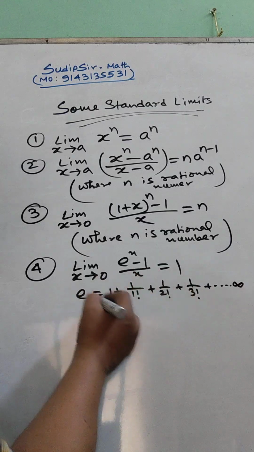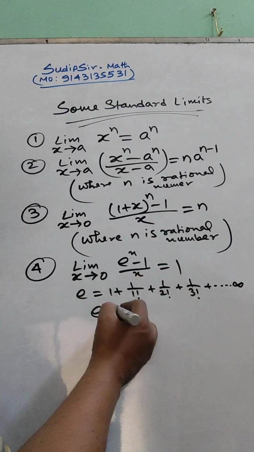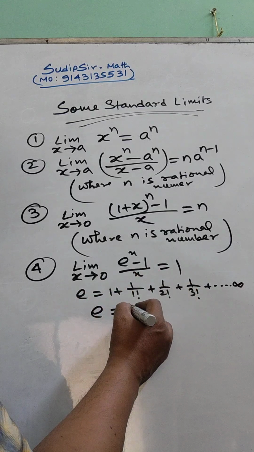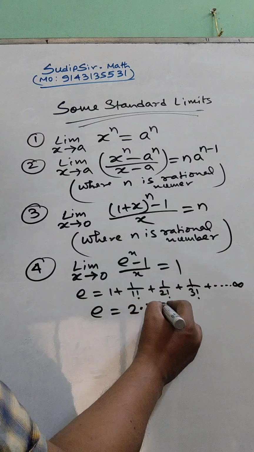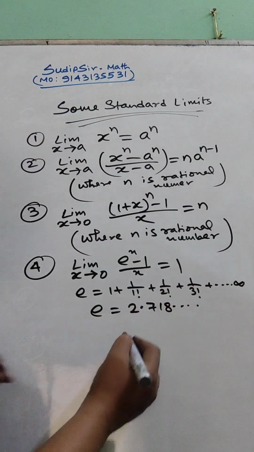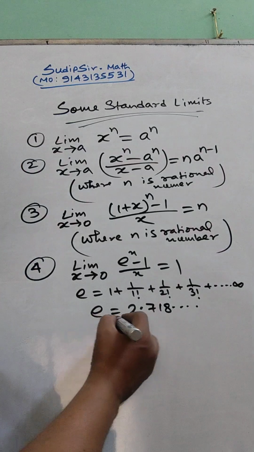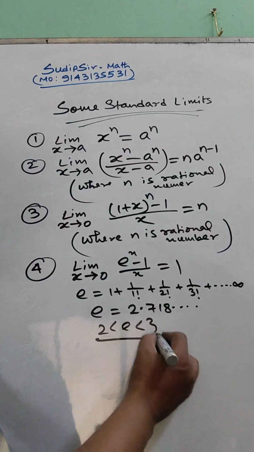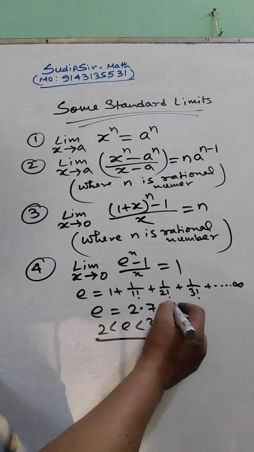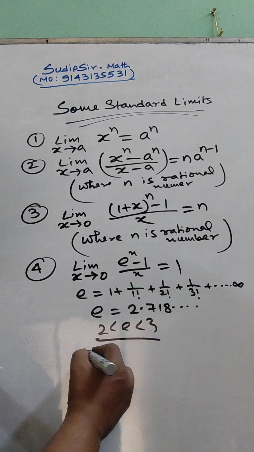By the sum of this, e becomes approximately 2.718. It is an irrational number, that is, e lies between 2 and 3, an approximate value.